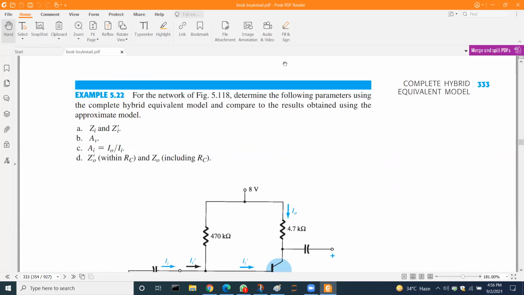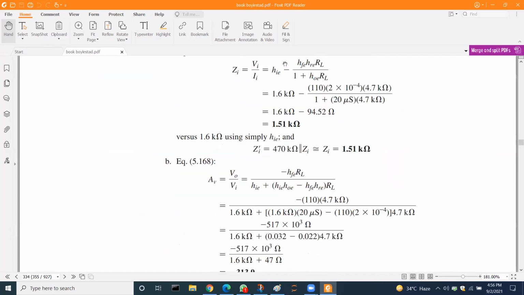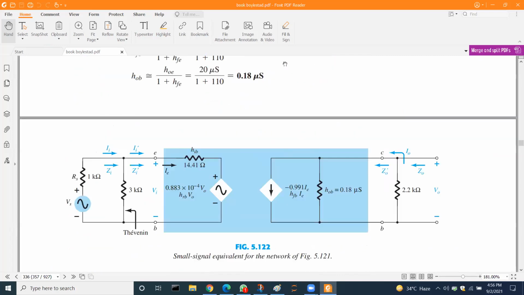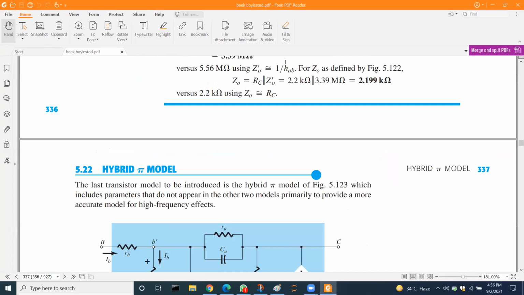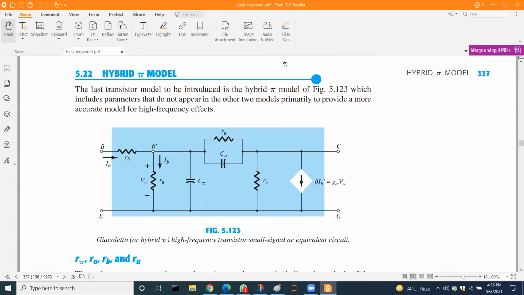Let's see how it looks. Okay, the hybrid pi model.